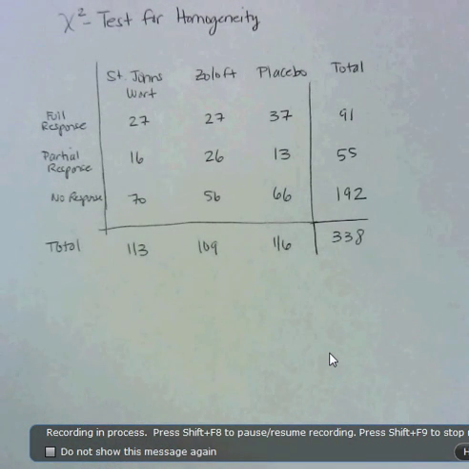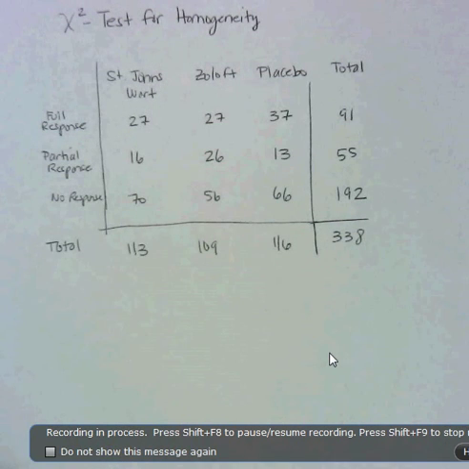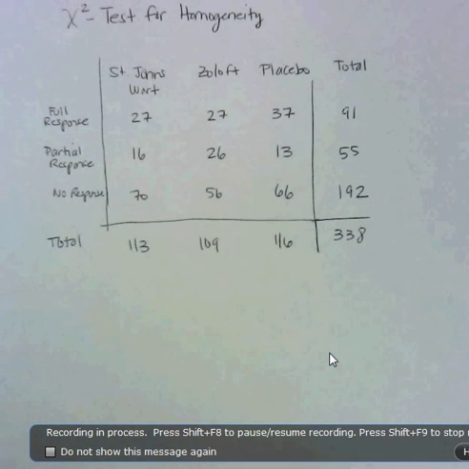So the story behind this is it looks as though they did an experiment where they took moderately depressed people. I think that's what it said. Let me look for it. It was an article in the Journal of American Medical Association.